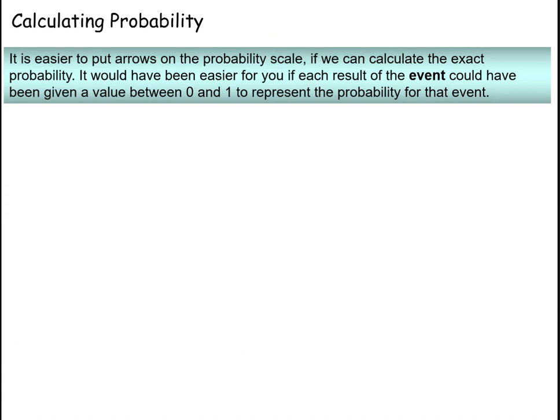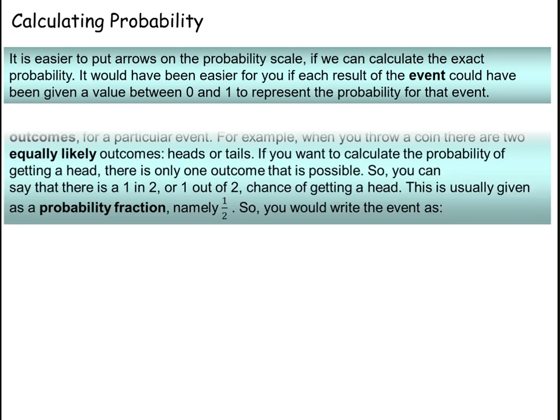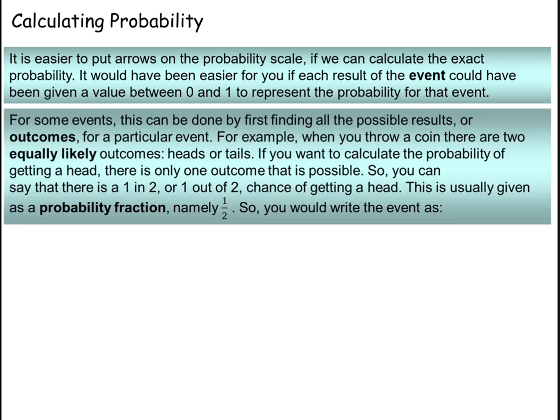So, calculating probability. It's quite easy to put them on a probability scale if we can calculate the exact probability, which is what we were doing then. So it's got to be between 0 and 1. Probability is always measured between 0 and 1. 0 is impossible, and 1 is going to happen with certainty.